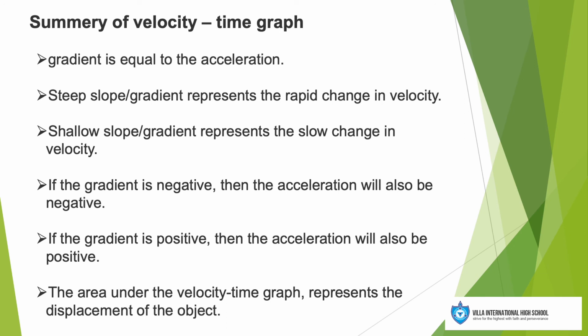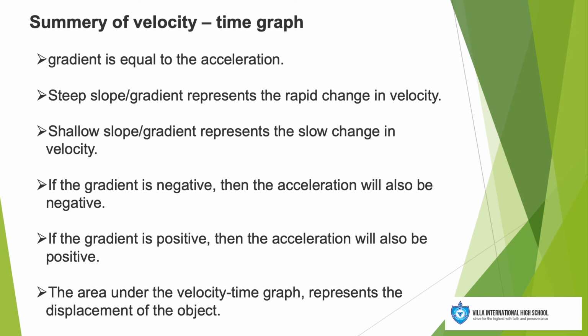Then if the gradient is negative, then the acceleration will also be negative, which means deceleration. If the gradient is positive, then the acceleration will also be positive, meaning there will be an acceleration, velocity increases. And a very important thing, the area under the velocity time graph represents the displacement of the object.